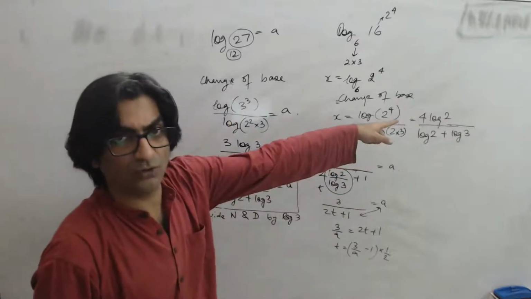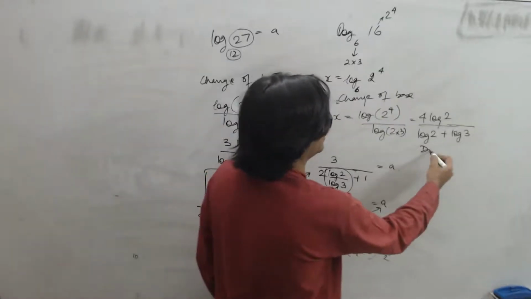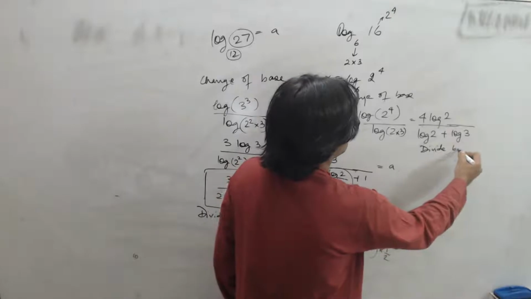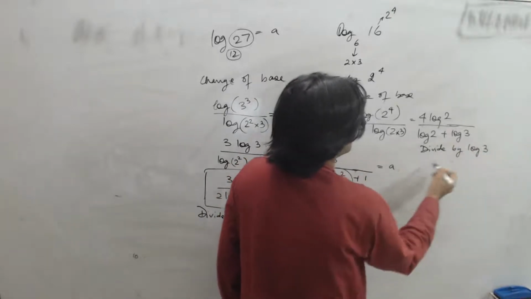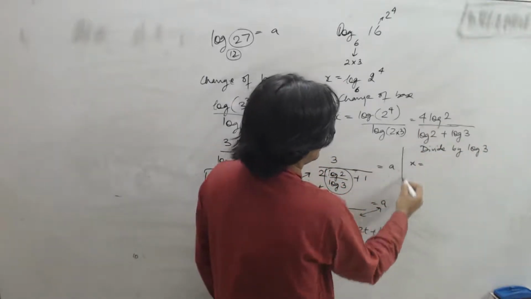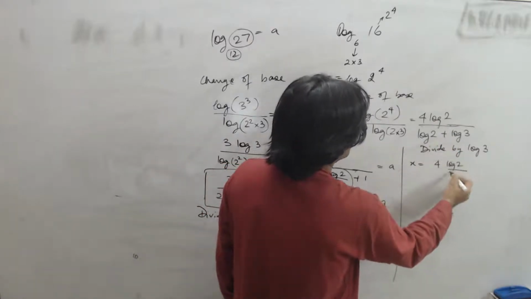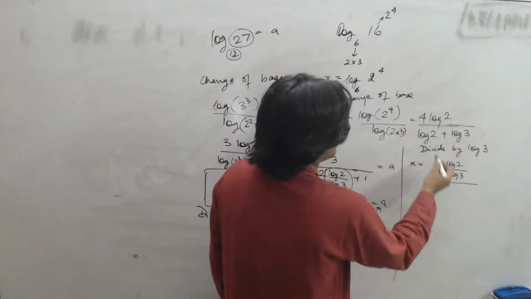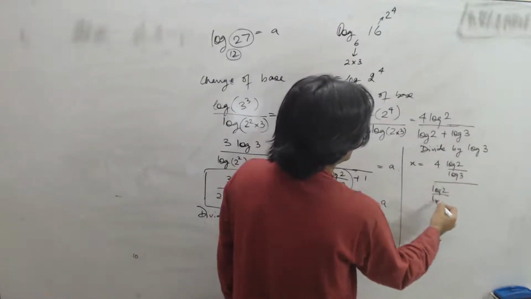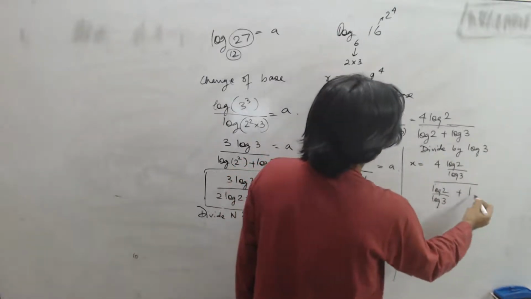So to create log 2 upon log 3 here, even here you divide by log of 3. Which means x becomes equal to 4 into log 2 by log 3 upon log 2 by log 3 plus 1.